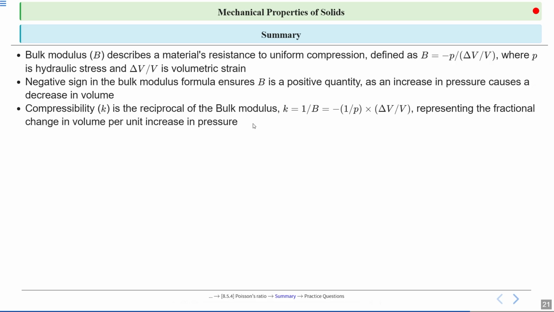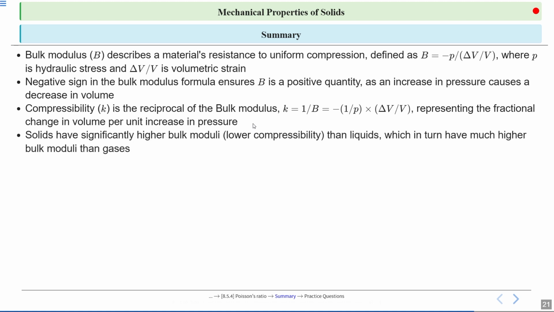Compressibility is the reciprocal of bulk modulus. So K is equal to 1 by B, which is equal to minus 1 by P into delta V divided by V. Solids have significantly higher bulk moduli, and lower compressibility, than liquids, which in turn have much higher bulk moduli than gases.